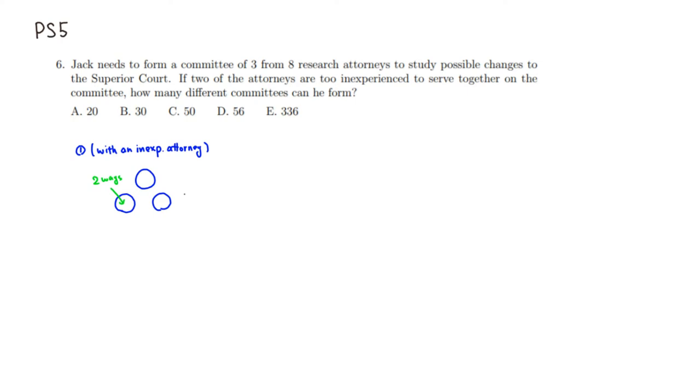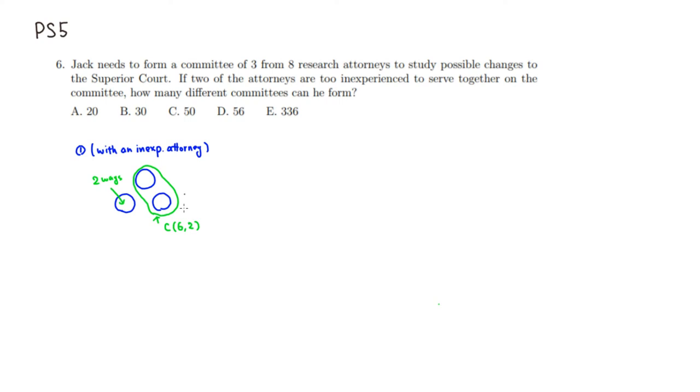So for the other 2 positions, we cannot use those 2 guys because one is already taken, and the other one we cannot take. So there will be 6 others left over, and we have to pick 2. So there's going to be a combination of 6, 2.